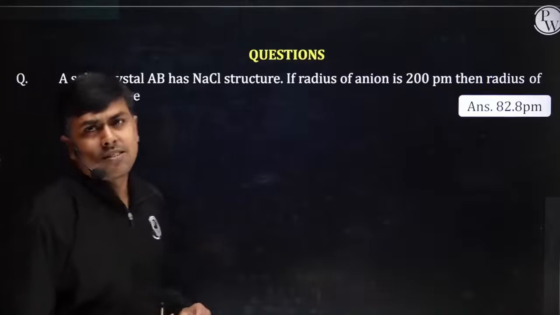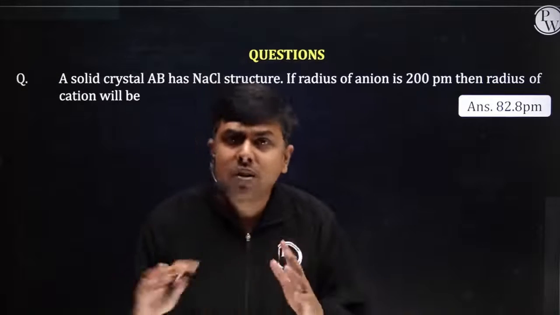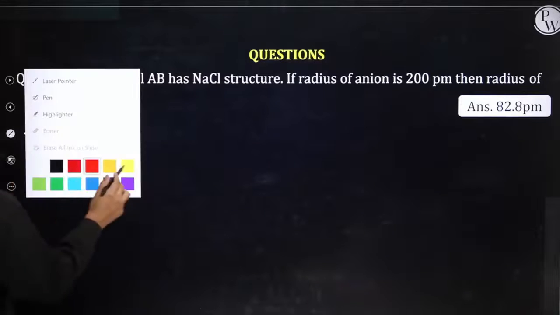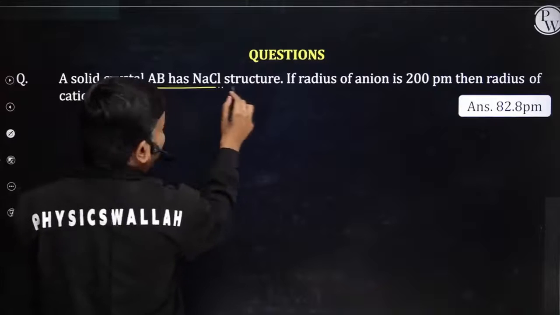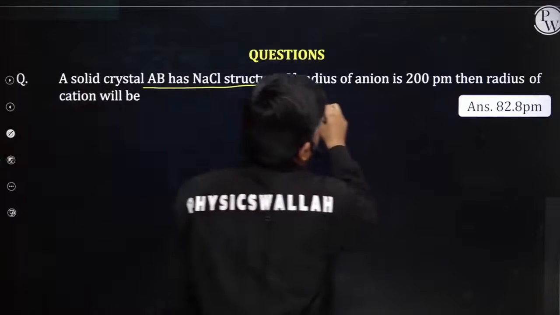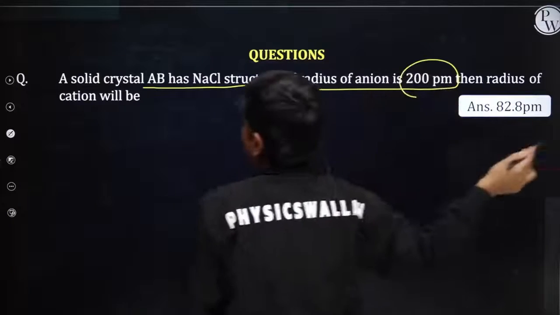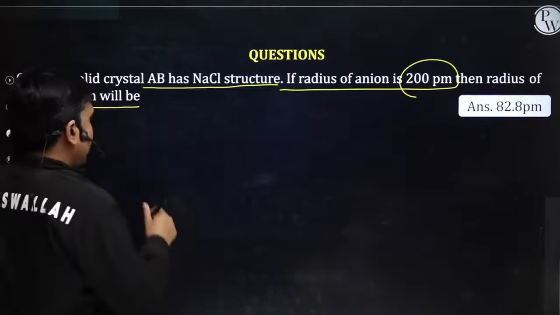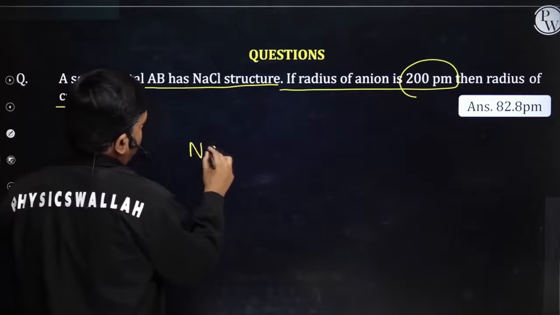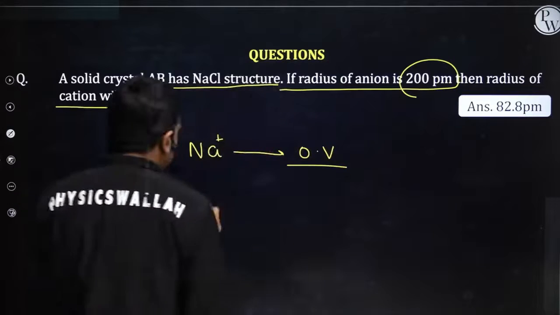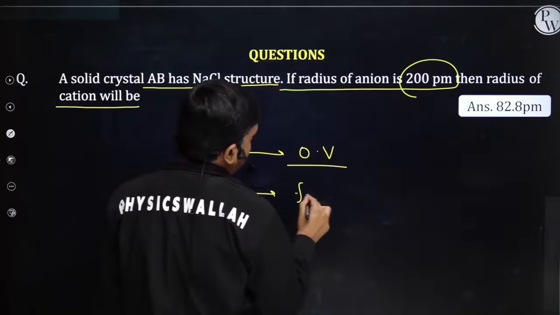Student, now let's discuss some questions related to this particular concept. The question is, a solid crystal AB has NaCl structure, that's rock salt structure. If the radius of the anion is 200 picometer, what will be the radius of the cation? Very simple one. Basically Na+ is placed in octahedral voids, and Cl- occupies the FCC lattice.